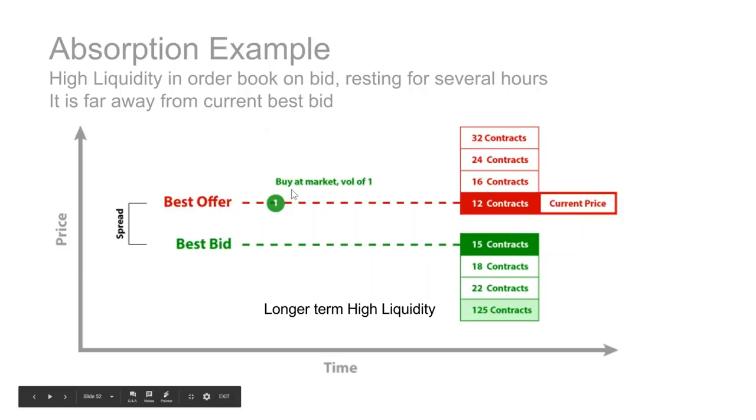Okay, start off again with our market buy volume here of 1, and that's where current price is trading, but there's a distinction here. Okay, we have longer term high liquidity down here in the depth on the bid. Okay, so 125 contracts, very, very high compared to all the rest of the book.